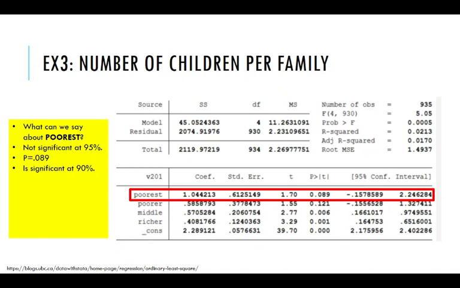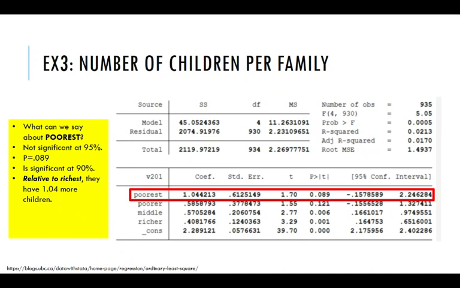All right. Now, let's interpret the coefficient. You see the coefficient 0.044 in that very first column. So what this says is relative to the richest quintile, people in the poorest category have 1.04 more children.